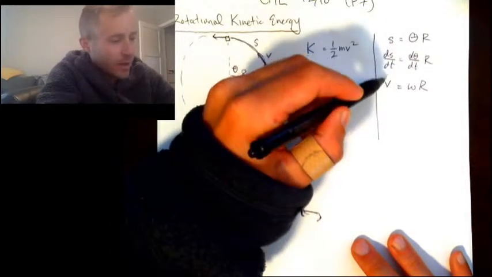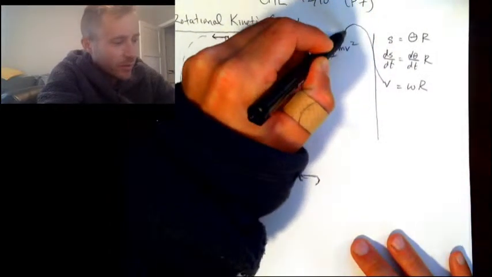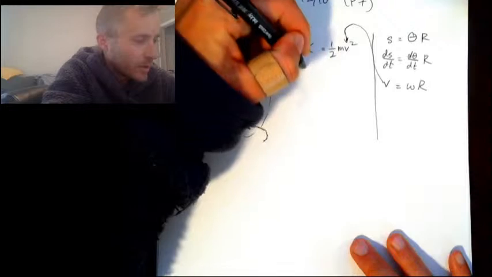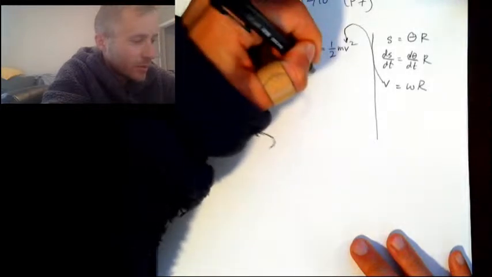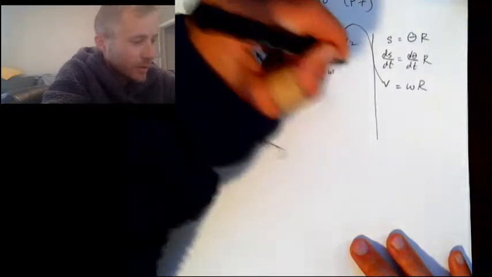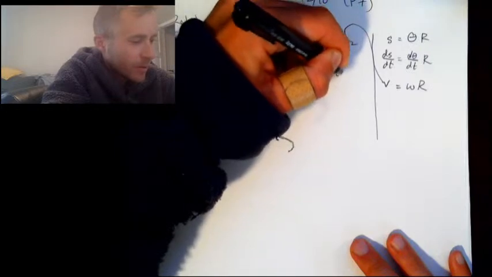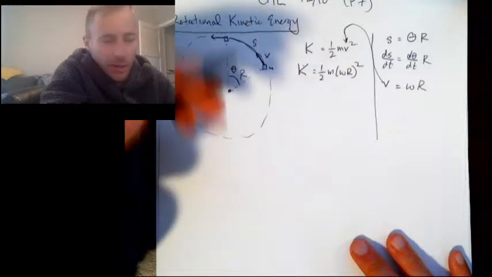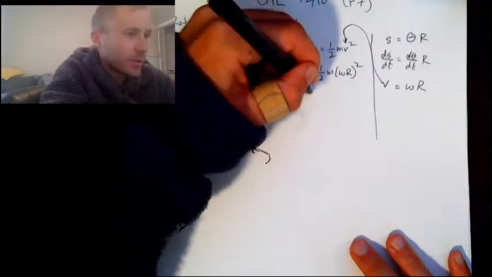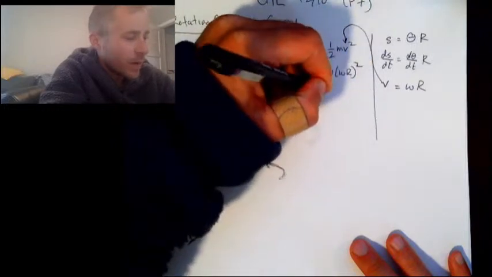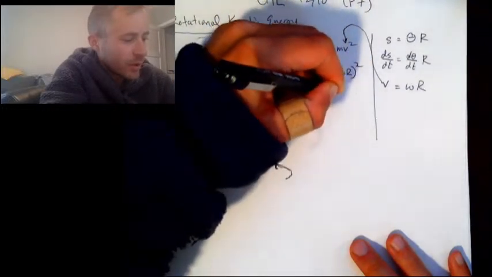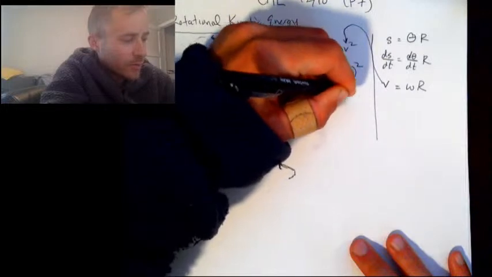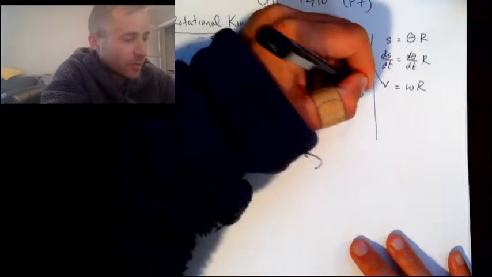So I'm going to take that and plug it in right here for velocity. So I have K equals 1/2 m times (omega r) quantity squared. And then I'm going to rearrange some of these terms. So I have 1/2 times the quantity m r squared times omega squared.